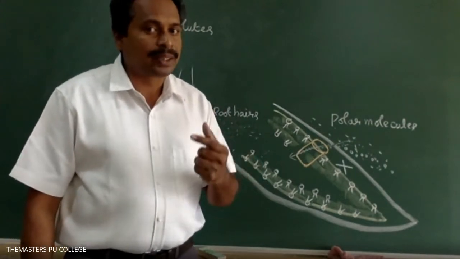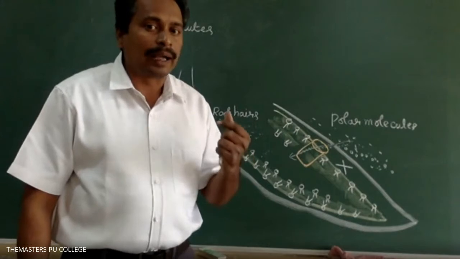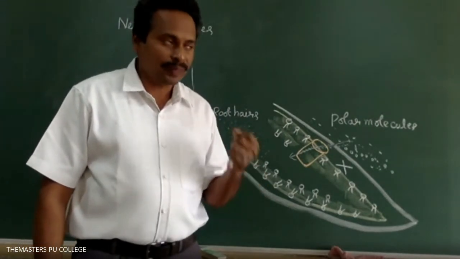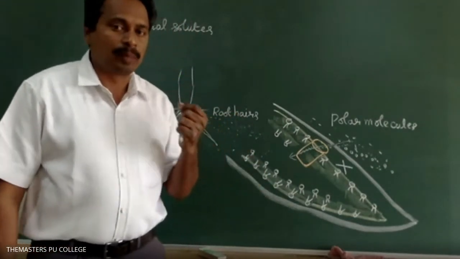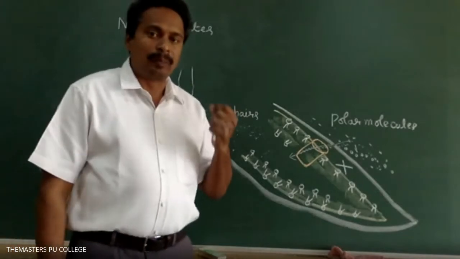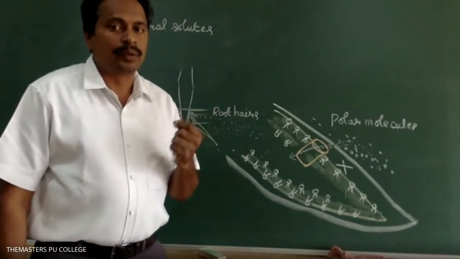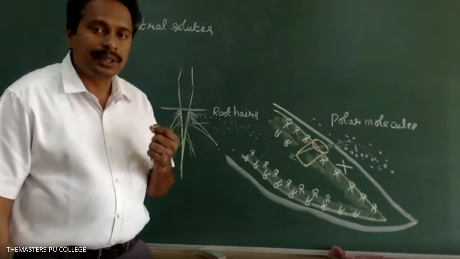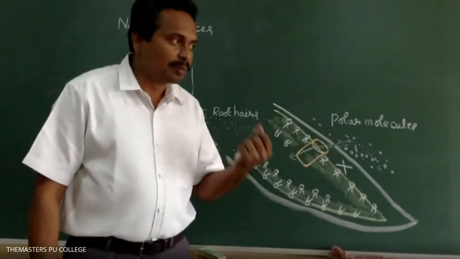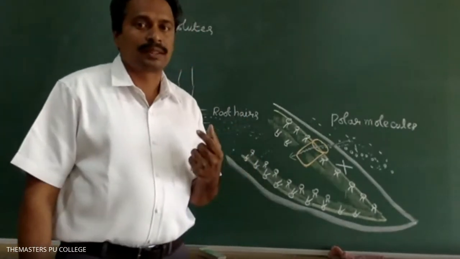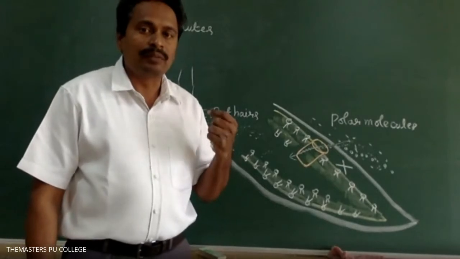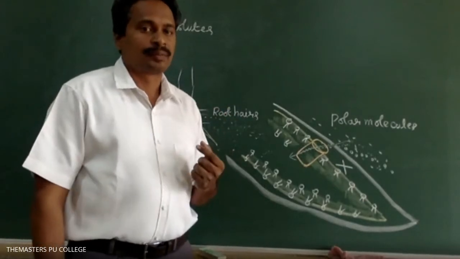The Na+ and K+ pump is an example of active transportation because energy is utilized. The cell membrane is also involved in the osmosis process.